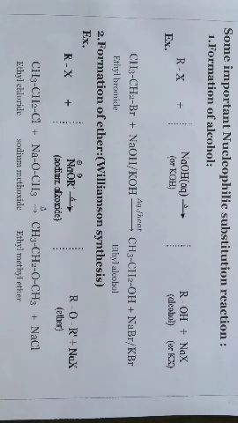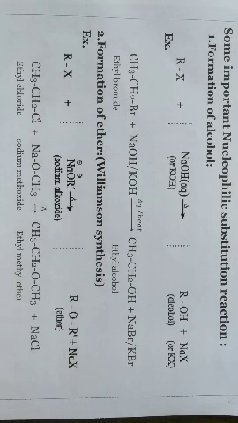Let's see one example. CH3CH2Cl, ethyl chloride, reacts with NaOCH3 and that gives CH3CH2OCH3 plus NaCl, ethyl methyl ether. So now this halide is replaced by the OCH3 group and we are getting the halide salt formation.